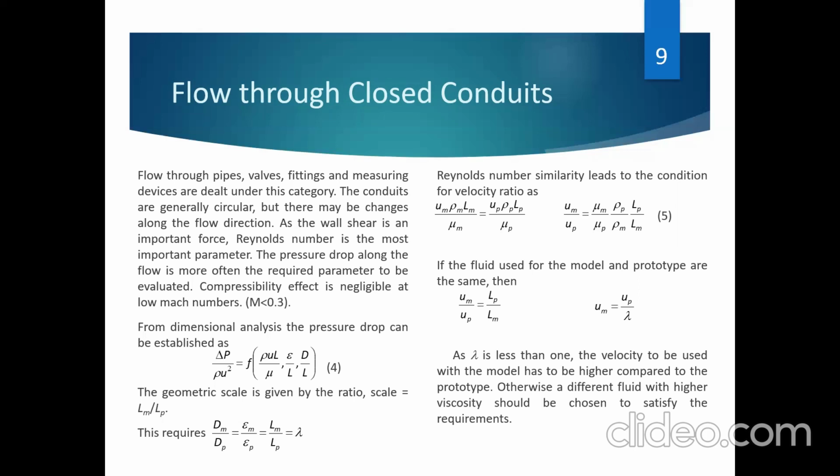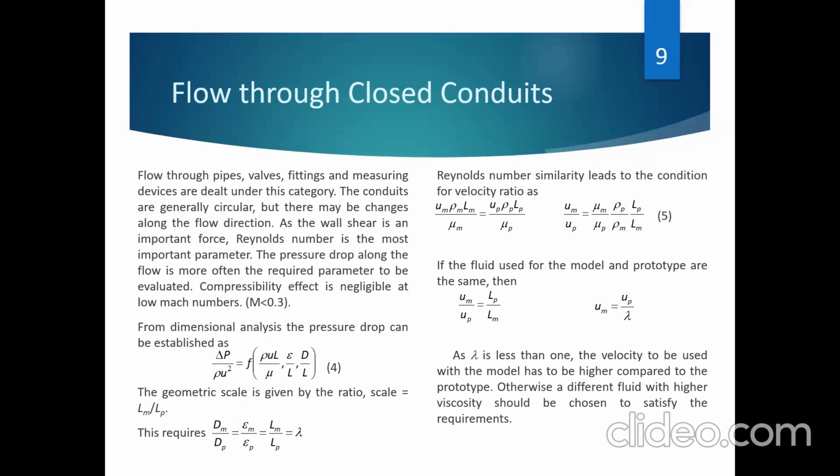Then magiging Um over Up is equal to mu m over mu p times rho p over rho m times Lp over Lm. If the fluid used for the model and prototype are the same, then Um over Up is equal to Lp over Lm. Same fluid, so same properties, ang mu saka density. So Um is equal to Up over lambda.